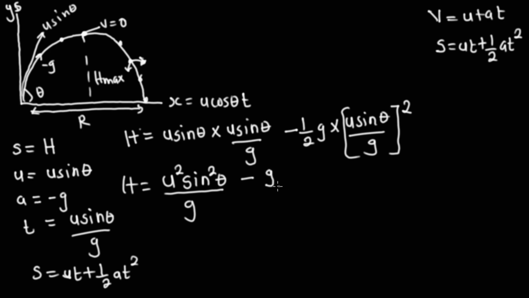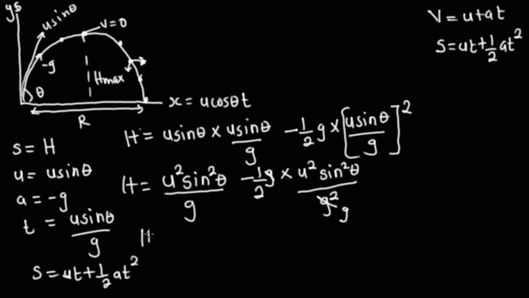Minus half g multiplied by, let's open the bracket, u squared sine squared theta over g squared. Now if you check, we have a g here and a g here. This g divides with this, and this g becomes 1.